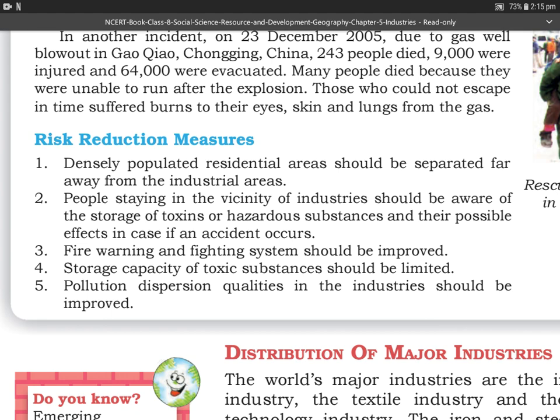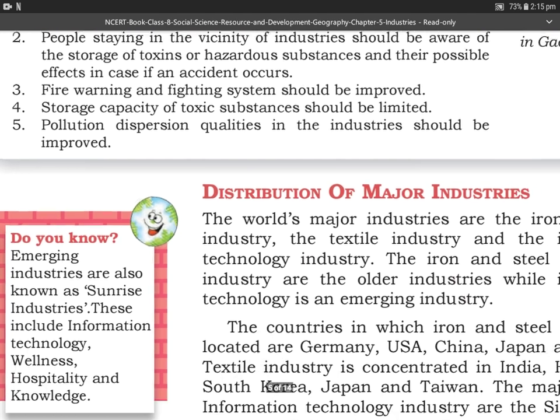Fire warning and fighting systems should be improved. Storage capacity of toxic substances should be limited, because this type of accident occurs when they exceed that storage capacity. Pollution dispersion qualities in the industrial area should be improved. So these are some steps which should be taken when this type of industry, chemical industries, is established in any area.